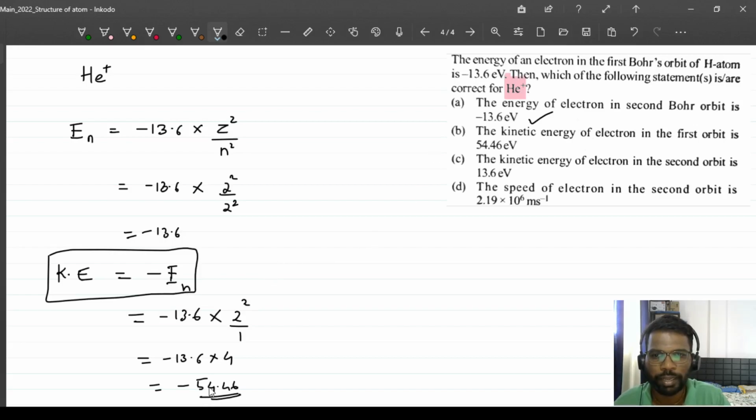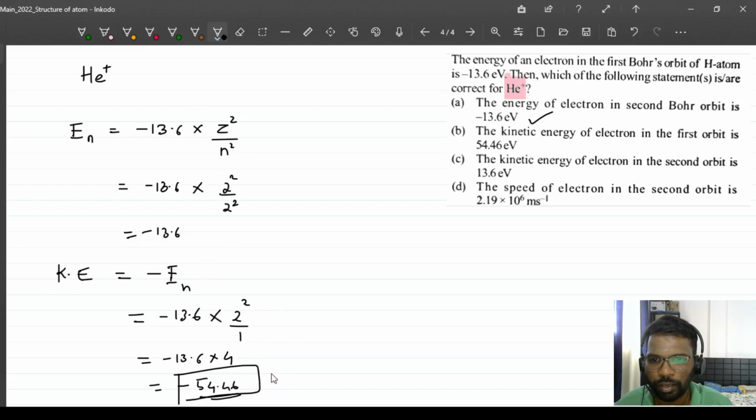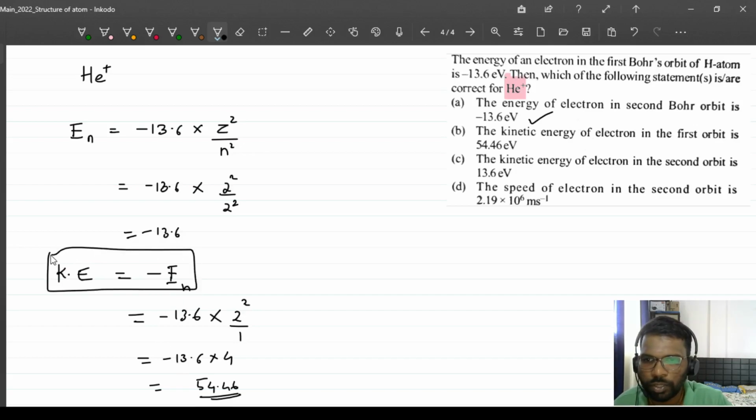If you are getting the total energy to be minus 54.46 for the nth orbit, we'll do it this way. Kinetic energy is equal to the negative of the total energy of the electron in the nth orbit.